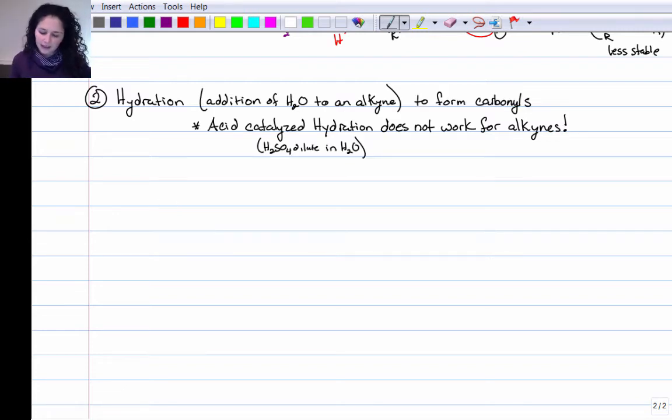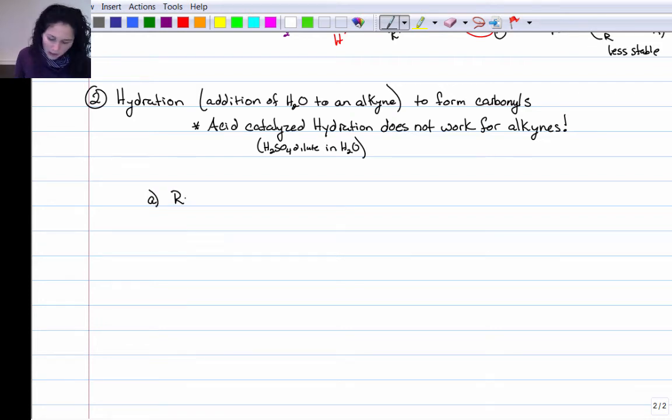When we hydrate alkynes, we are actually going to form carbonyl compounds rather than alcohols, and I'll show you why in a moment. It's important to understand that the regular acid-catalyzed hydration does not work for alkynes. It works for alkenes, but it does not work for alkynes. So if you just add sulfuric acid or phosphoric acid in water, this will not work for alkynes. So alkynes are a little bit different than alkenes in that way.